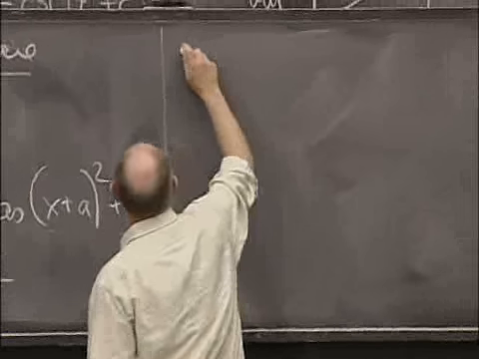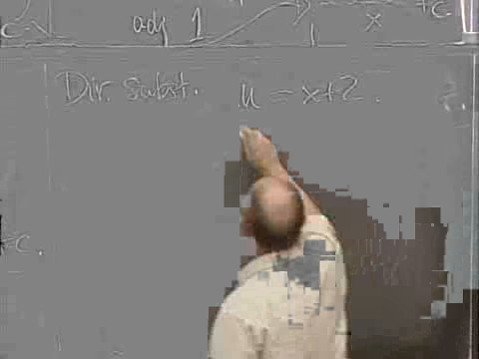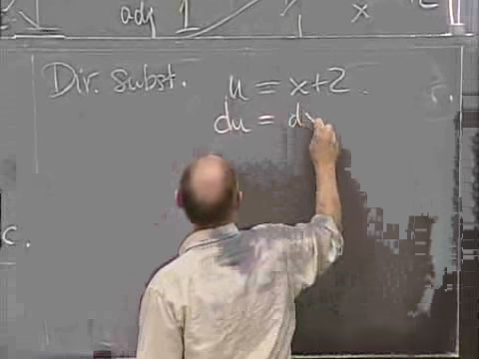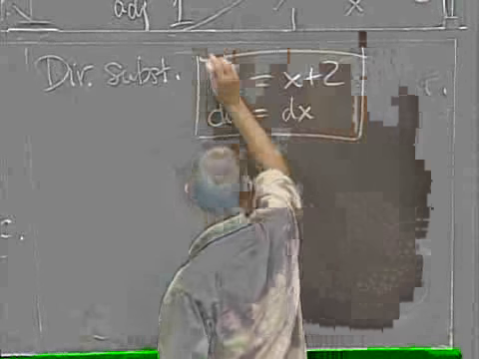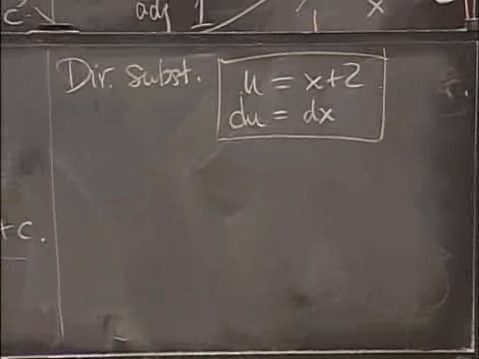So here's another little direct substitution. u is x plus 2. Figure out what du is. That's pretty easy. And then rewrite the integral in those terms.